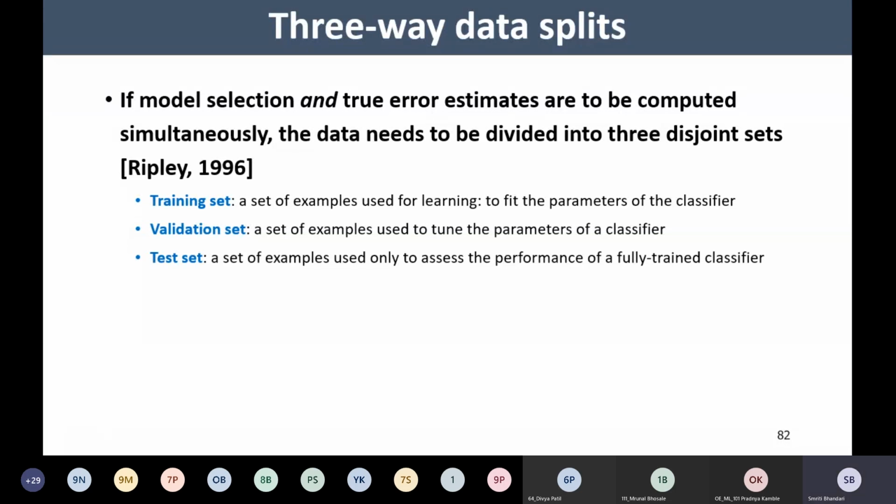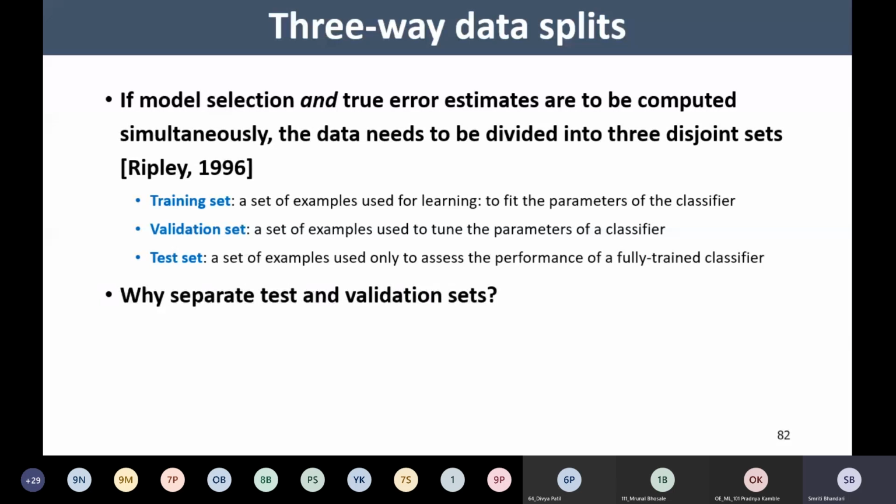So this is how we are going to partition our data into 3 disjoint sets. There is no overlapping of the data in these 3 sets. We have a training set, a validation set, and a test set. The training set is used to fit the parameters, the validation set is used to tune the parameters, and the test set is used to assess the performance.